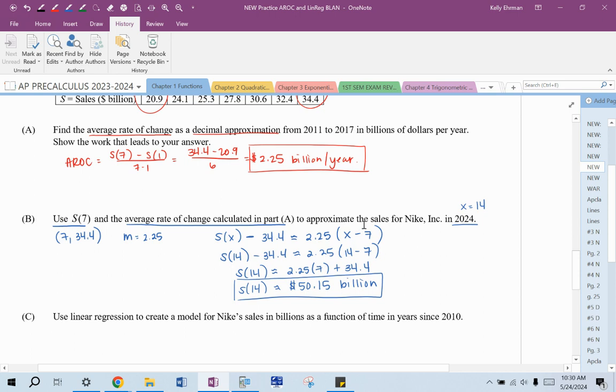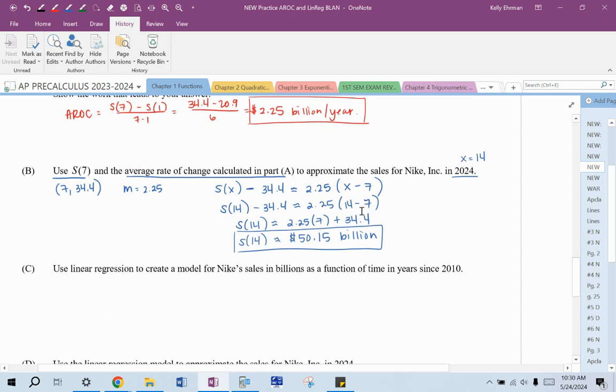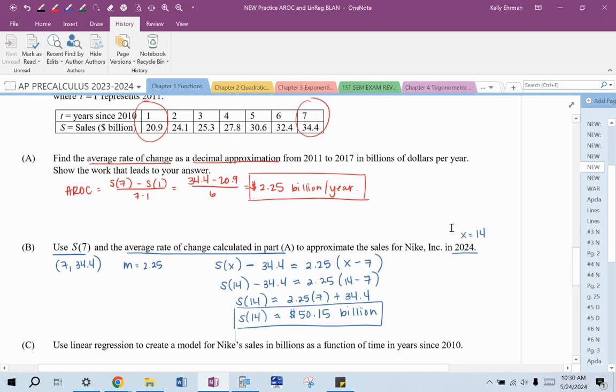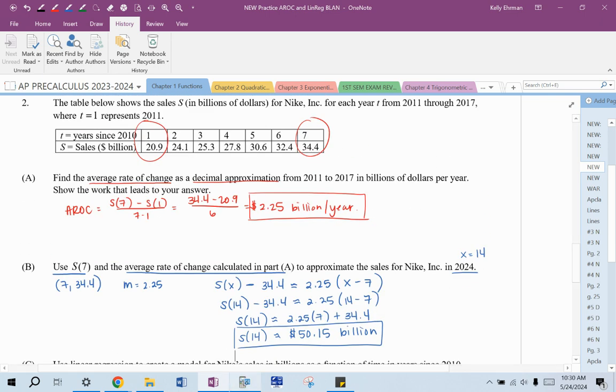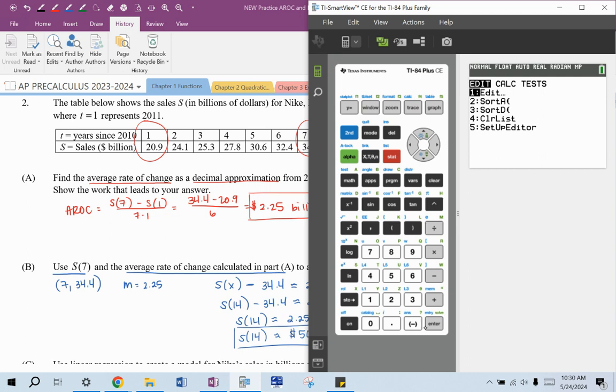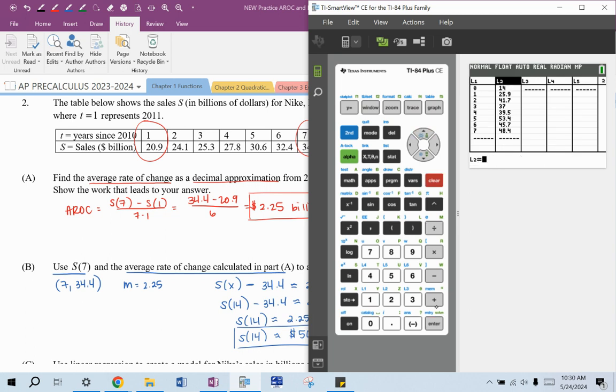Use linear regression to calculate a model for Nike sales in billions of dollars as a function of time in years since 2010. So go back to this table, press Stat, Edit, clear out the old, enter in the new. So we're numbering 1 to 7 into L1, and then into L2.